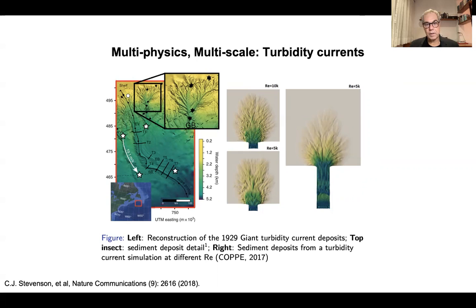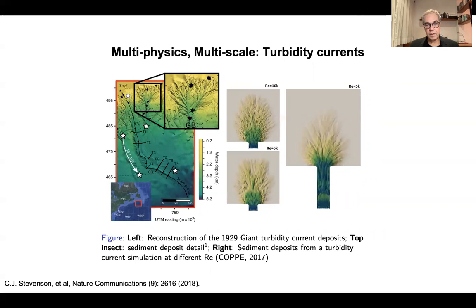On the right, you can see some simulations that we did for simulating experiments done by Petrobras back in 2017, that more or less mimic in the lab what we find in nature.